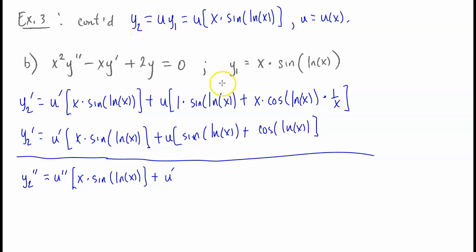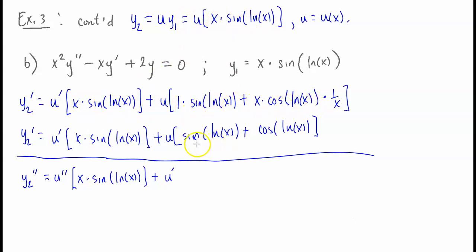Okay, and to be specific, I think it was about right here where we actually figured out what the derivative of x times sine of natural log of x is. Okay, because we said derivative of first times second, which was this first term here, plus first times derivative of second.